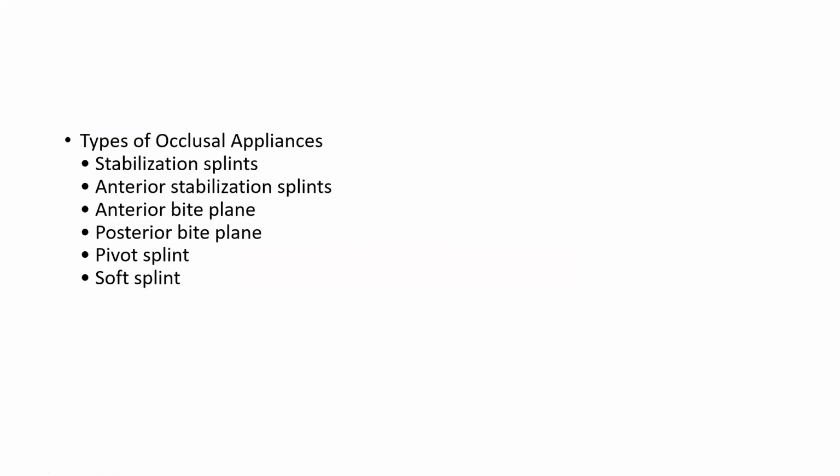The miscellaneous classification of occlusal appliances includes the stabilization splint, the anterior stabilization splint, the anterior bite plane, posterior bite plane, pivot splint, and the soft splint. We'll be studying each type of appliance.